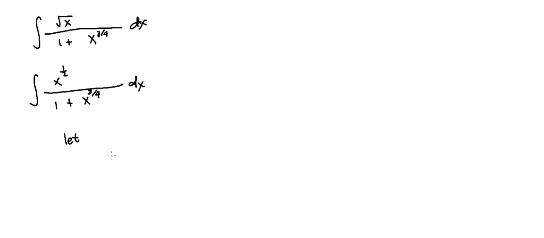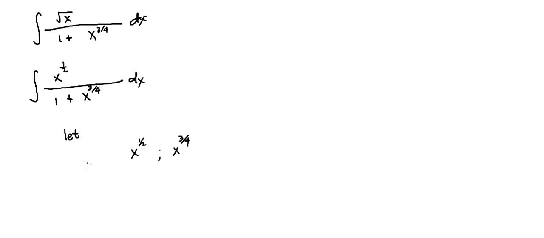Say we have u raised to 1, 2, 3, 4, 5, and so on. Okay, so how can we transform this x to the 1/2 and x raised to 3/4 in terms of those variables? As you can see here, the difference between the 1/2 and 3/4 is just 1/4, right?